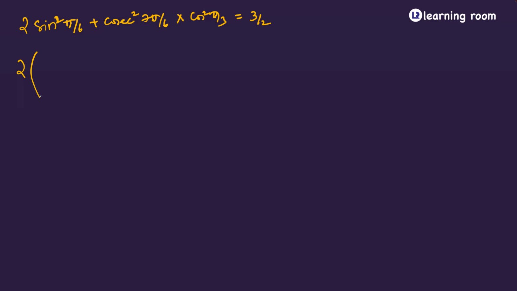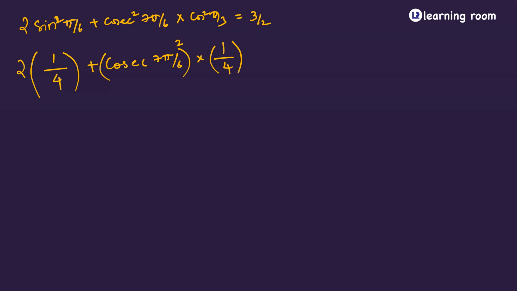So sine square pi by 6 is 1 by 4. Let me deal cosecant 7 pi by 6 separately. Cos square pi by 3: cos 60 is 1 by 2, so 1 by 2, the whole square is 1 by 4. Now, this one alone, I need to simplify it.